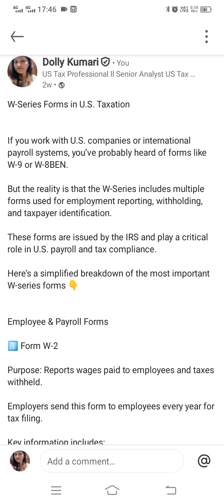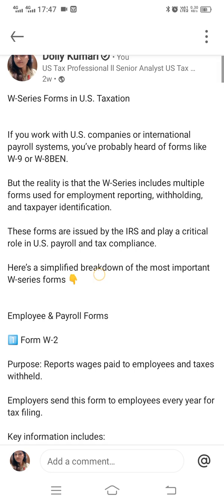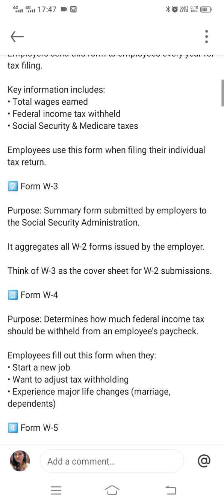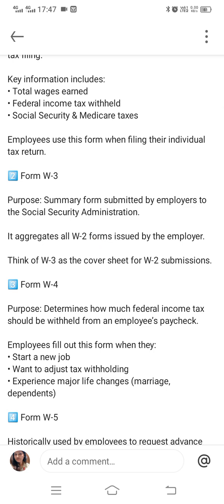This is a mandatory compliance done by the employers, so they have to send the W2 form to the employees because at the end of the year they need to file the taxes. For that reason they require the W2 form to show. And here is the key information which is included in the W2 form.